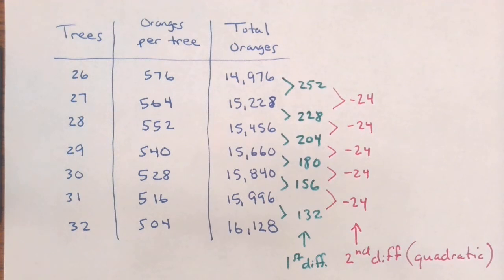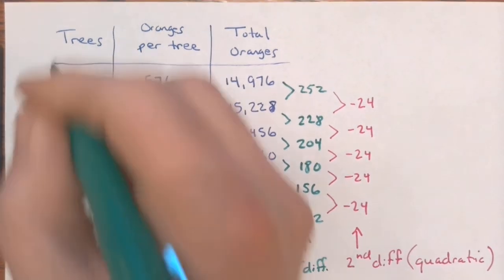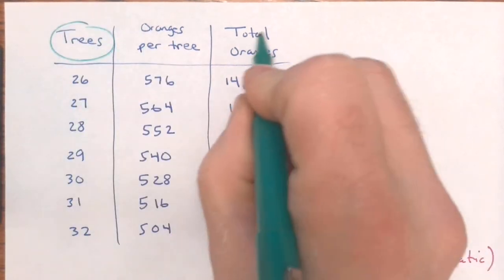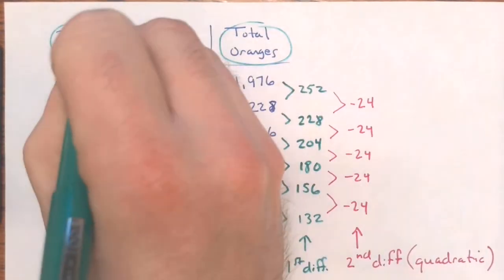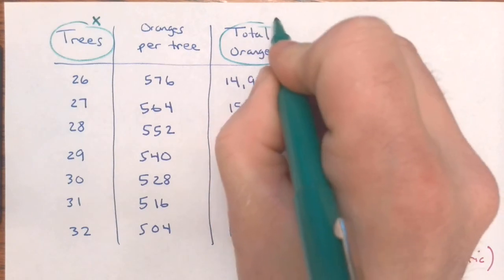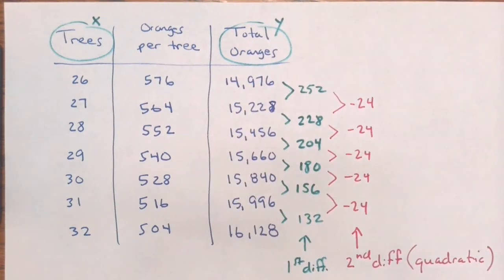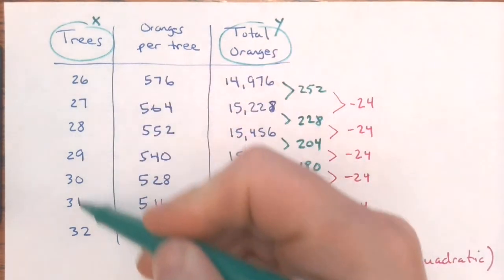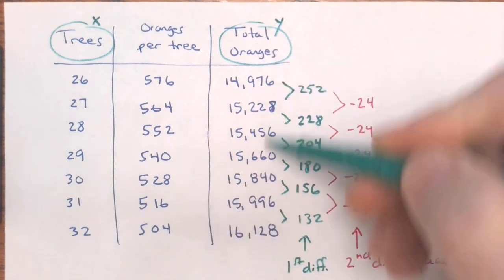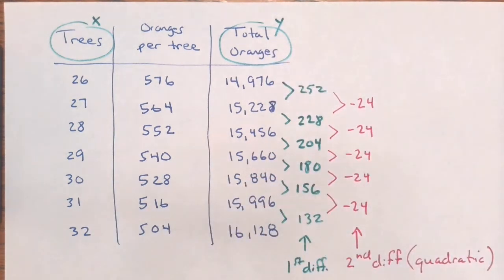In the original, they asked us to determine how many trees planted per acre should be used to maximize yield. So we need the trees and the total oranges. And we're going to plug those in as our x and our y values in our equation. So I'm going to take this column and this column and use those to have the calculator come up with our equation.